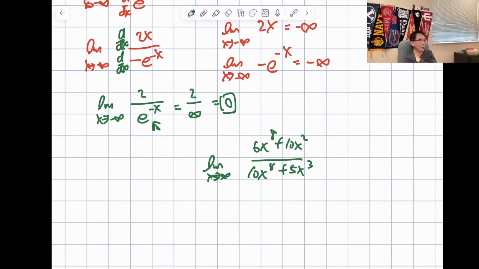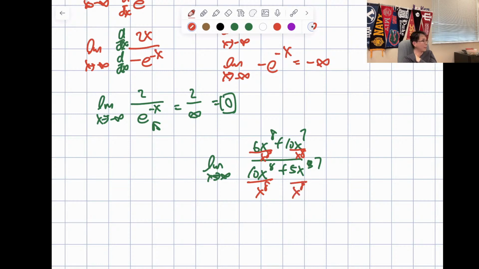If it's on the AP exam, I would not do L'Hopital's rule, because guess how many times I would have to do it in order to get a value. If I change this to, let's say, 7, you must take around 7 derivatives in order to get a value. So what I will do in this particular case is divide by the highest degree, and I will avoid L'Hopital's rule.